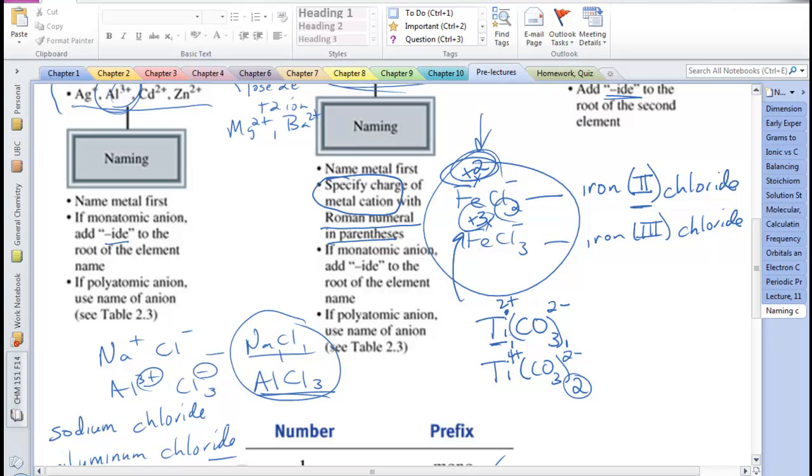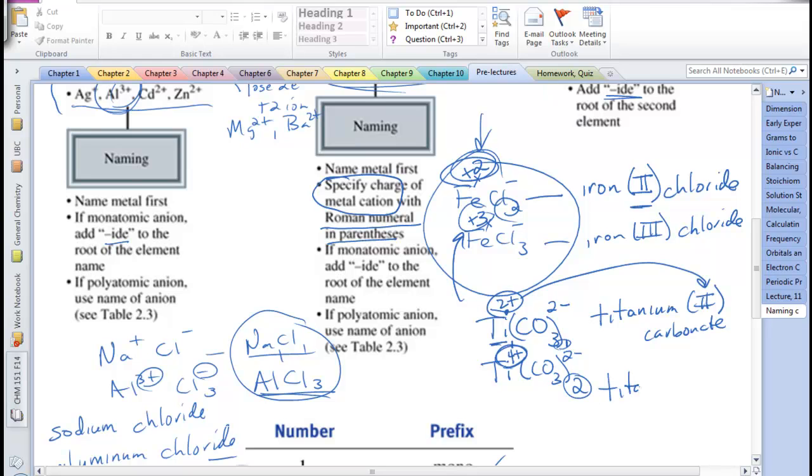So now, again, we're going to specify the charge on the cation, not the subscript of the anion, as it kind of looks like up in the top example. So this first one is going to be titanium(II) carbonate, plus 2. We use a Roman numeral 2 to specify that. So this has a plus 4.